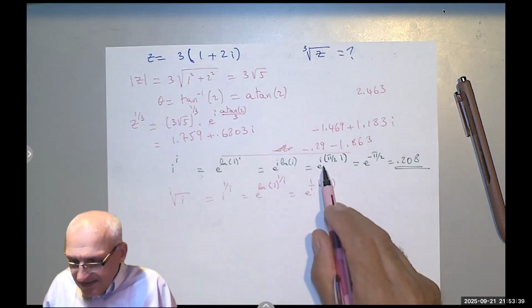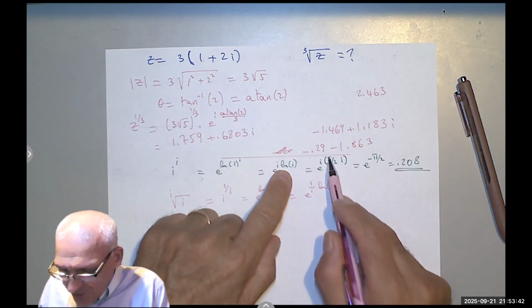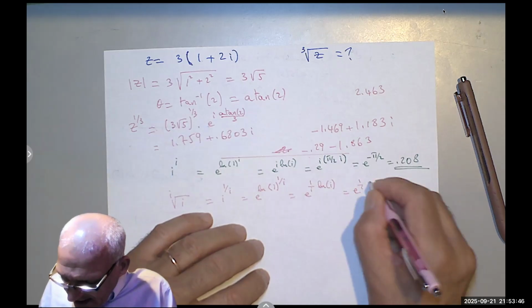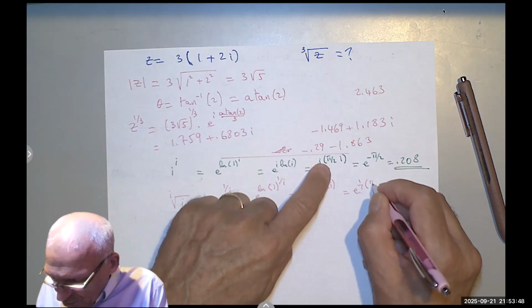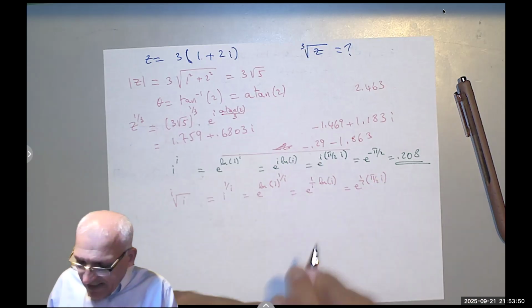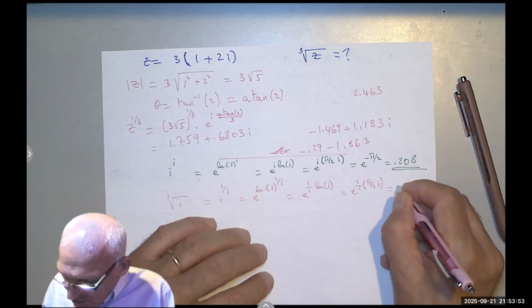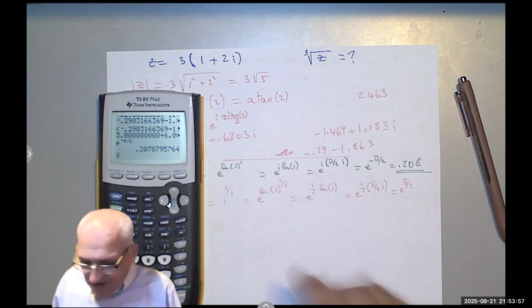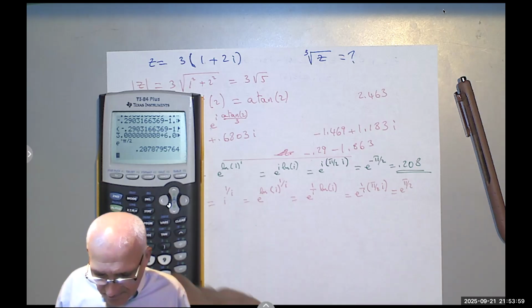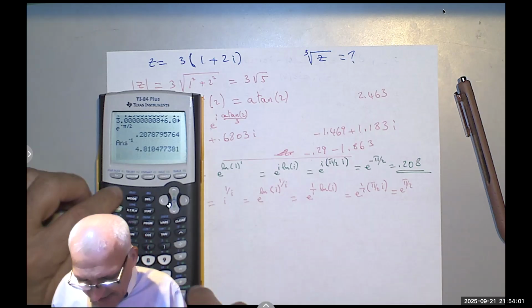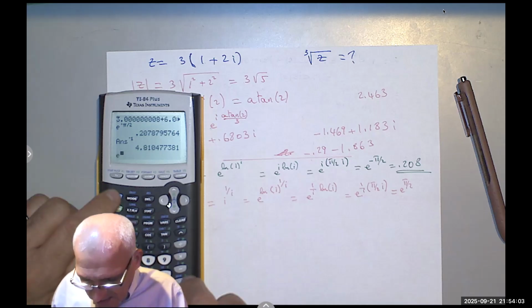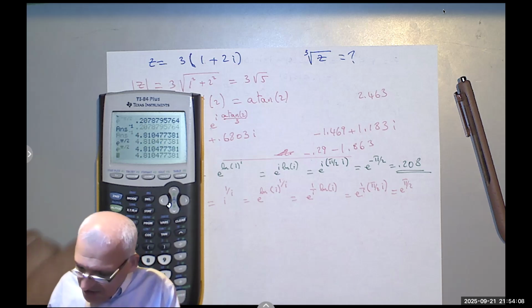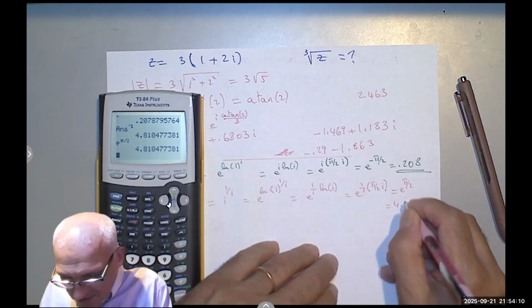But we already said that the natural log of i is pi over 2i. So it's e to the 1 over i pi over 2i. The i and the i cancel and you get e to the pi over 2, which is the reciprocal of that. e to the power of pi over 2 is 4.81.